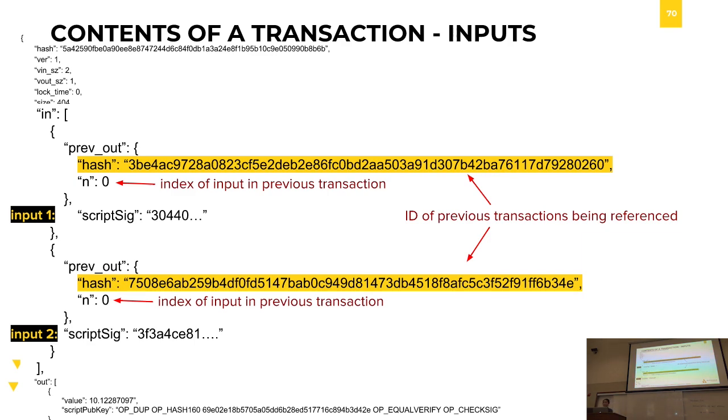So, any questions about inputs right here? Yeah, what do the hashes refer to? They refer to the previous transaction. Recall the UTXO model, where we have to reference previous transactions. That's the hash of the ID of the previous transactions, the same way that at the top of this particular transaction it has its own hash ID.